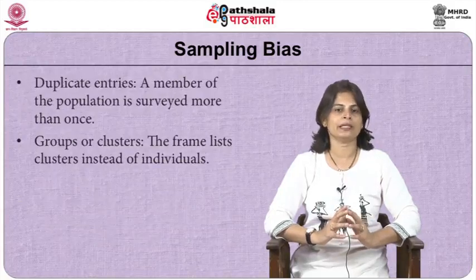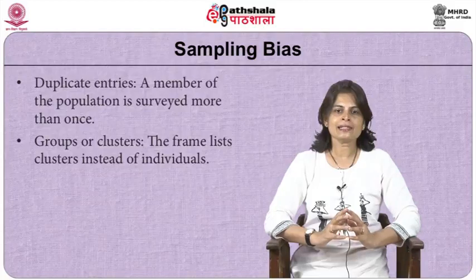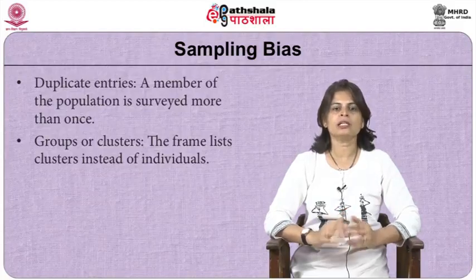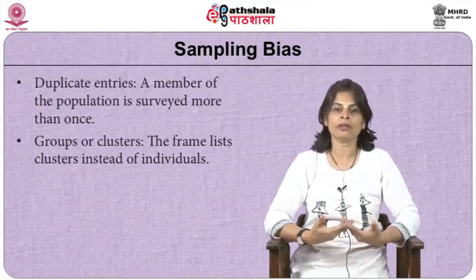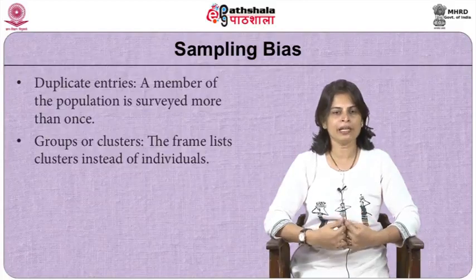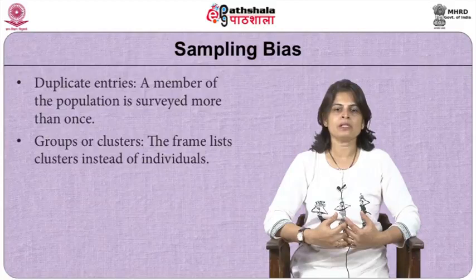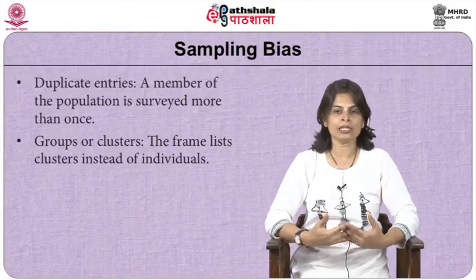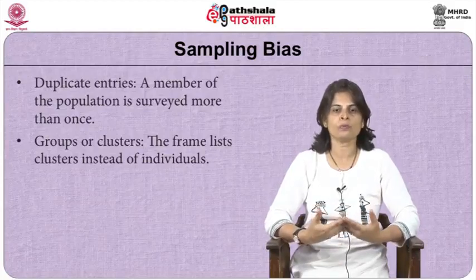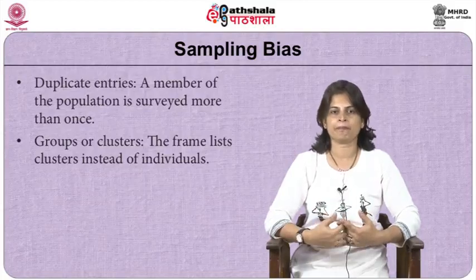Third, duplicate entries. In this case, a member of the population is usually surveyed more than once. And finally, groups or clusters. In these examples, the sampling frame actually lists the clusters or groups instead of the units as individuals.